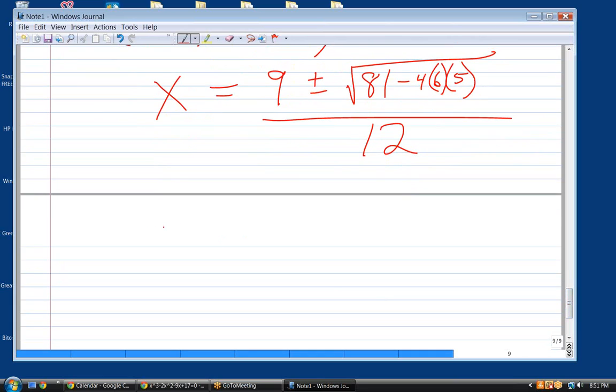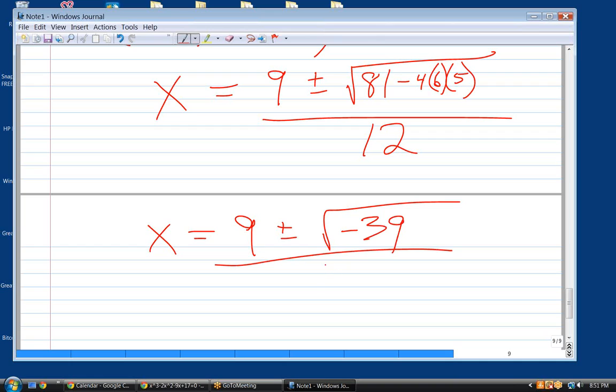So let's simplify it. Negative 39. More simplification.